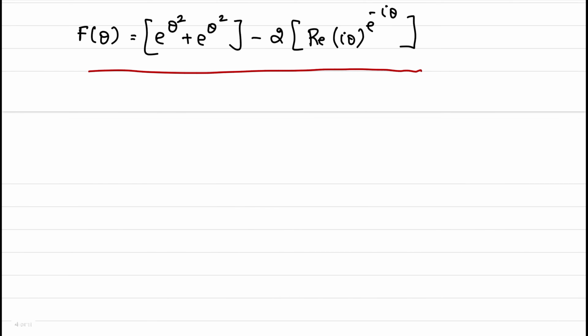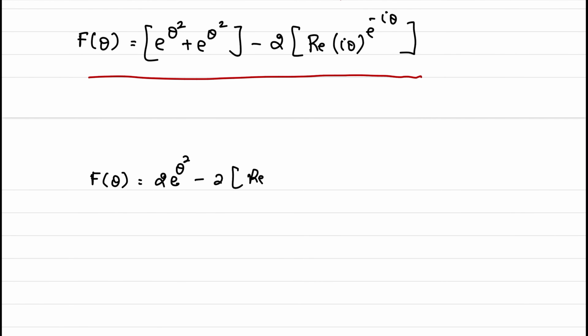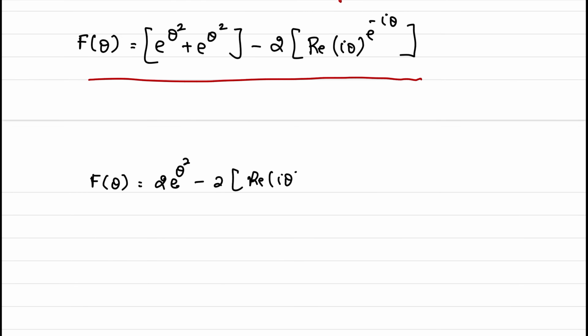Now, the equation is reduced to a single variable like this. f(theta) is equal to 2 into e to the power of theta square minus 2 into the real part of (i theta) to the power of e to the power of minus i theta.